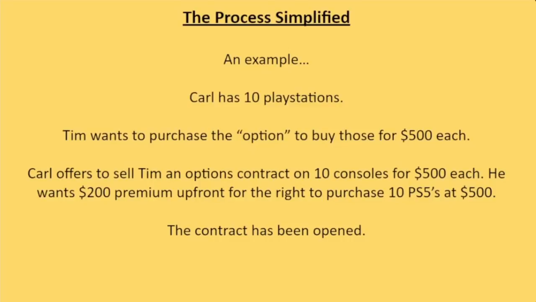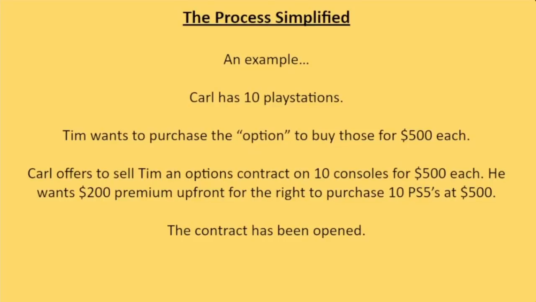Now, this is a different scenario when we're not using 100 shares, but we're using 10 consoles. He wants $200 premium upfront for the right to purchase those 10 PS5s at $500. So Carl is going to collect $200 from Tim up front, period. That's done. That's to open the contract.